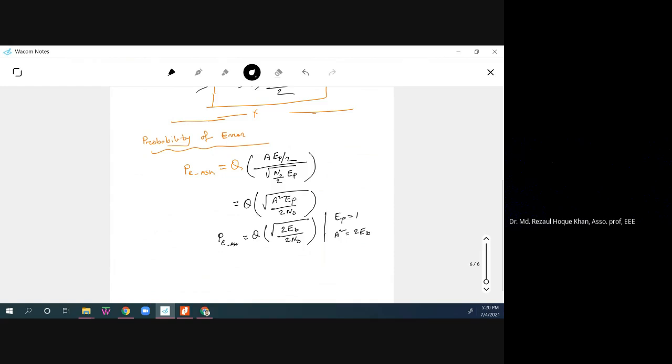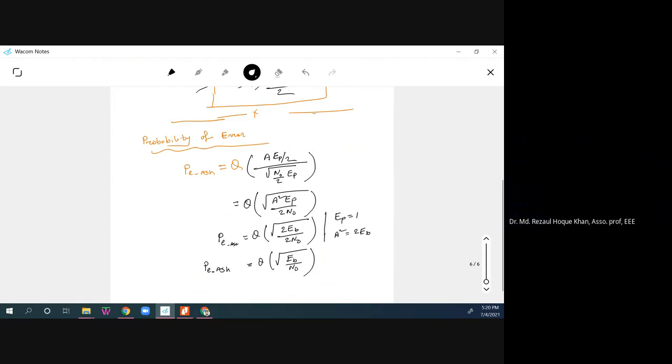Now it got simplified. It is nothing but the square root of E_b by N0. So this is the probability of error for the ASK system. Remember what the probability of error for BPSK was? It was the Q function of the square root of twice E_b by N0.